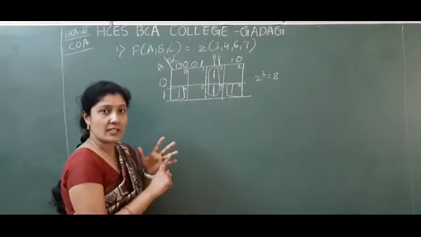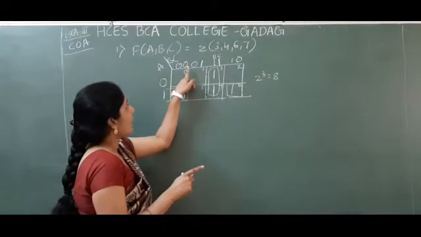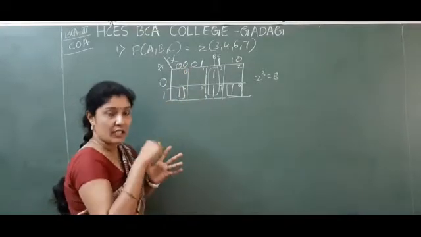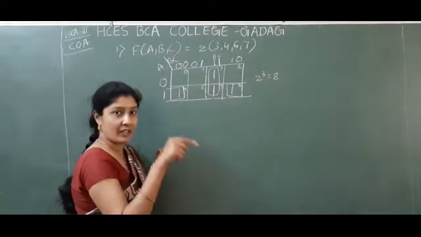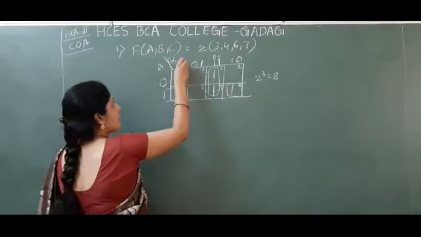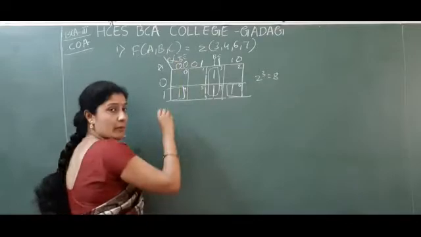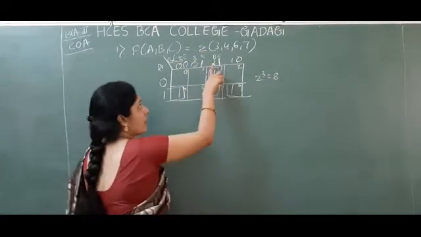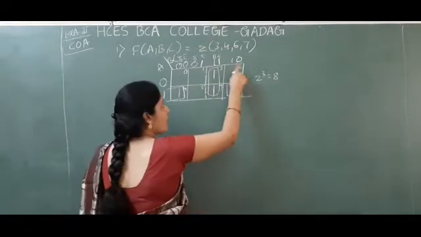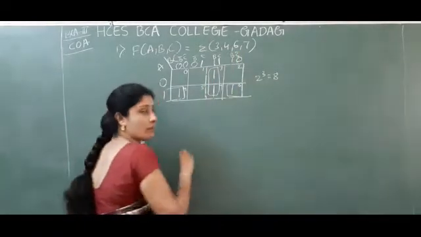The first value is nothing but B, and the second value is C. If it is 0, complement of that variable. If it is 1, that variable itself. Therefore, 0 0 means B bar C bar. 0 1 means B bar C. 1 1 B C. 1 0 B C bar.